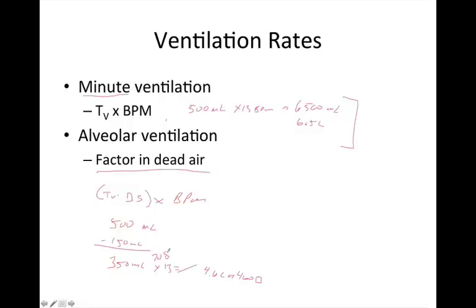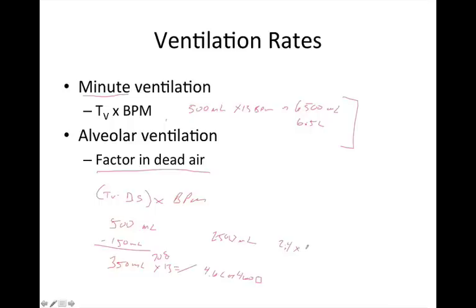All right. So now let's say you are breathing in 2,500 milliliters of air per breath. So take 2,500, subtract 150. Now 2.4 liters of air, and again I rounded up from 2.35, are basically getting into the alveoli.